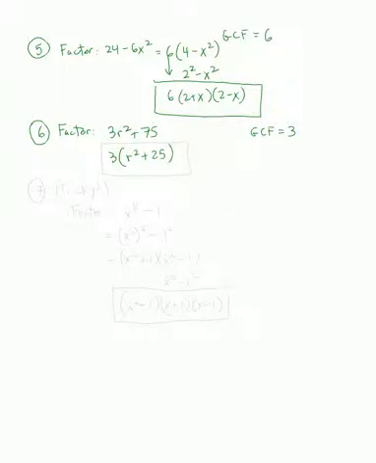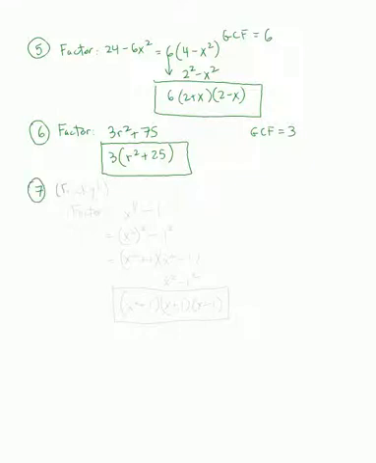But notice now there's nothing more we can do because this is a sum of squares, and so this is my final answer. I do not write prime. The reason I don't write prime, we were able to take out a 3, right? So this is not a prime polynomial. Prime is when you can't take anything out, like number 4 was.